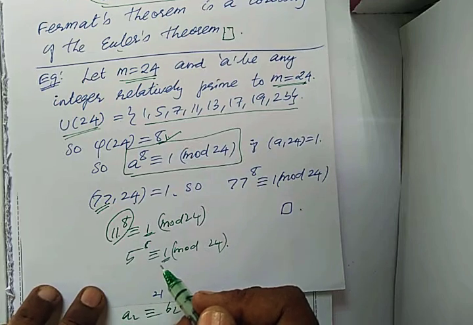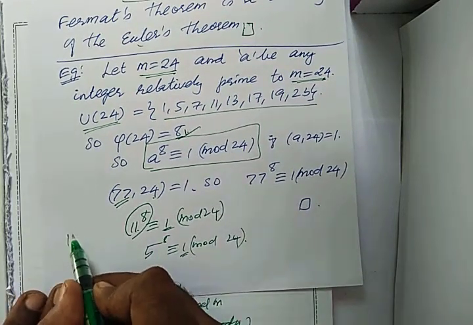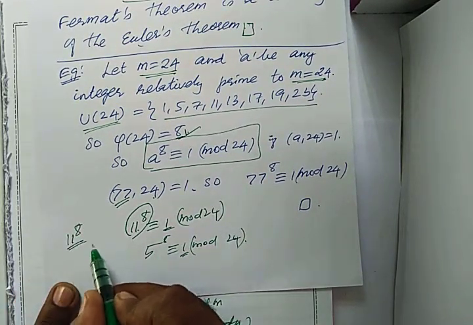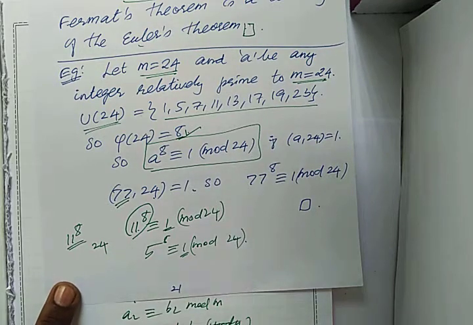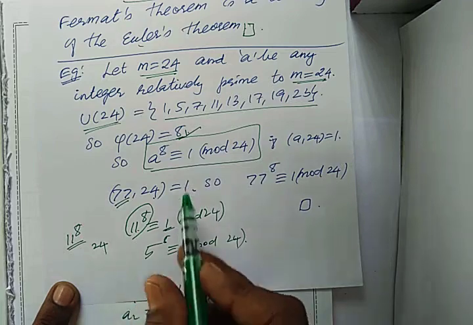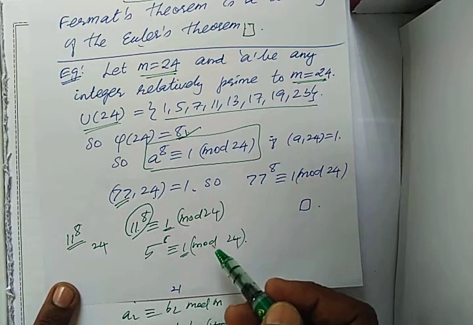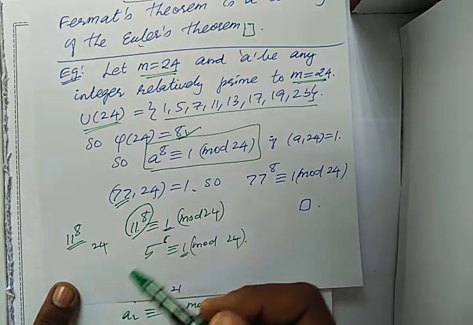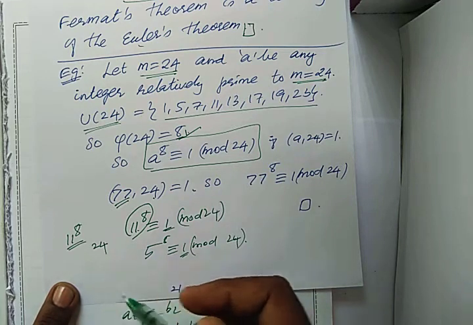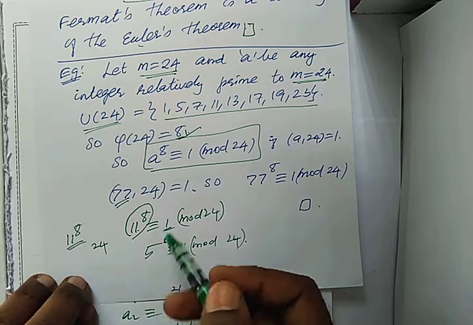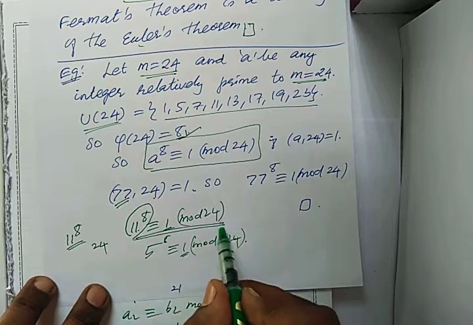Suppose you are asked to find the remainder when this number is divided by 24, it's so easy. If you don't know Euler's theorem, you will need many calculations, at least 2-3 steps. But if you use Euler's theorem, it is one line.